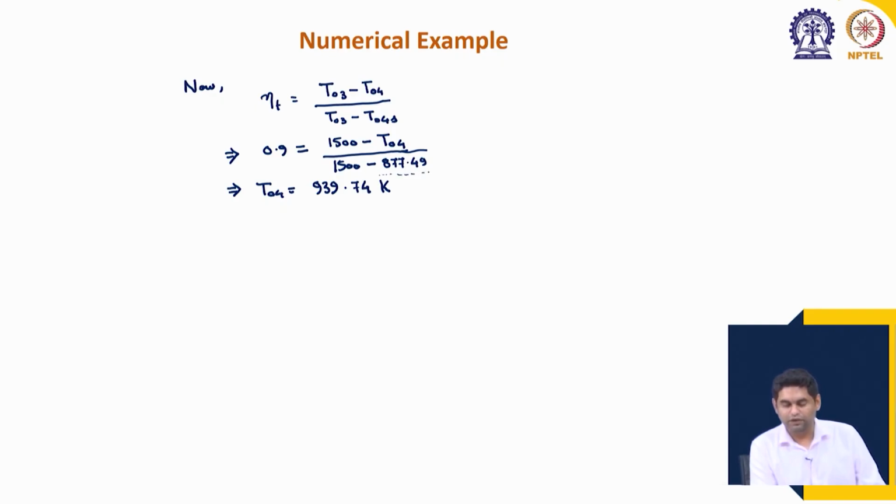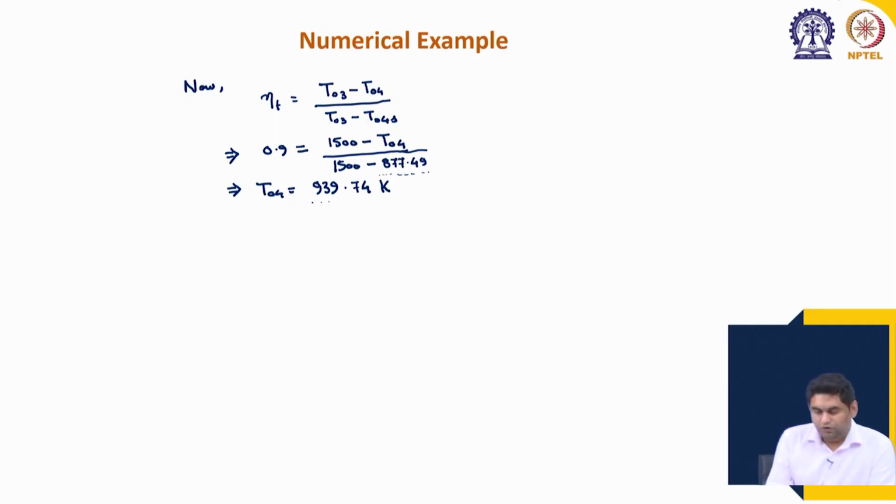In the ideal case it would have been 877.49, but now we are getting a value of 939.74. Which means that there is less temperature change in the turbine, which also means that the work output from the turbine gets further reduced.